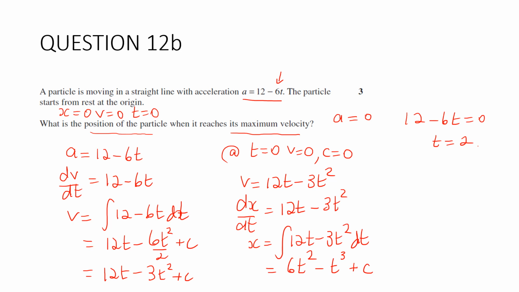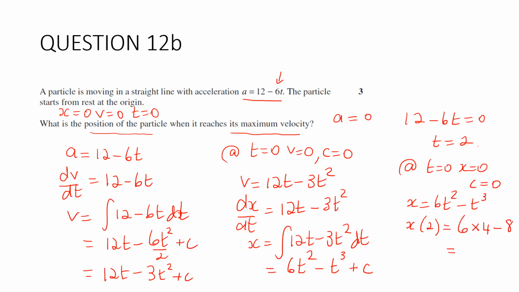Resolving the constant: at t equals 0, x is equal to 0, so c again is equal to 0. x is equal to 6t squared minus t cubed, and we want it at t equals 2. So 6 times 4, take away 8. 6 4s are 24, take away 8 is 16. And what have we got here? We have no units, so it's just 16.